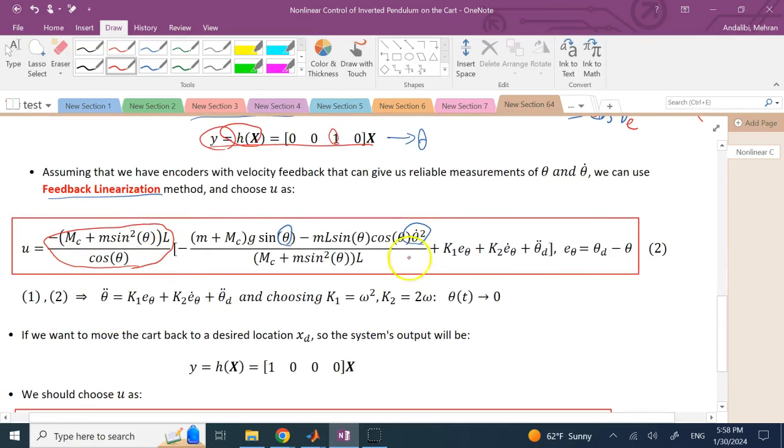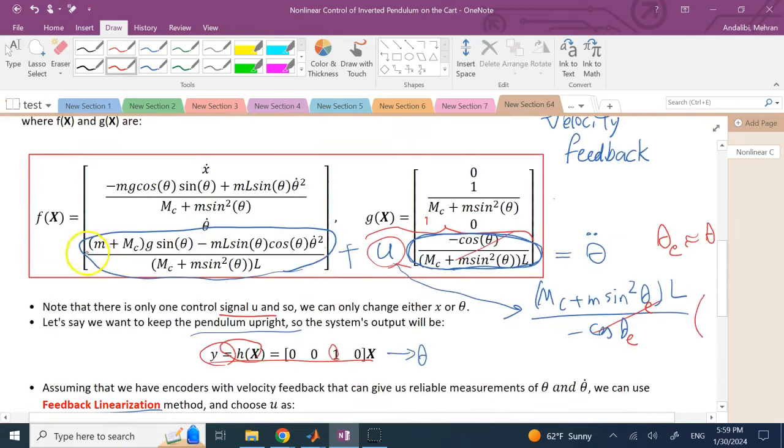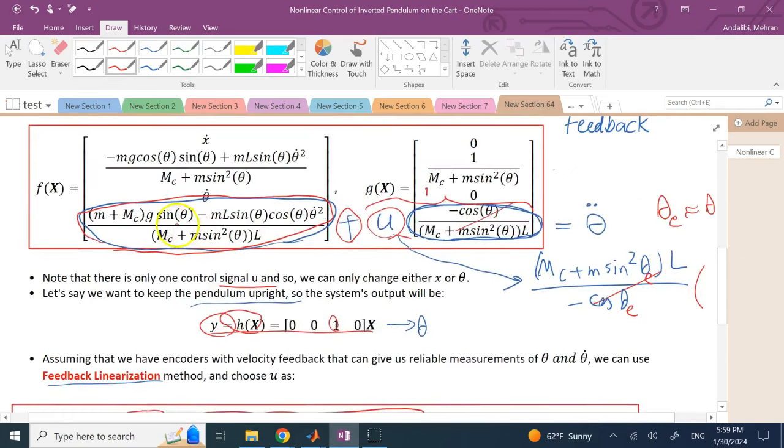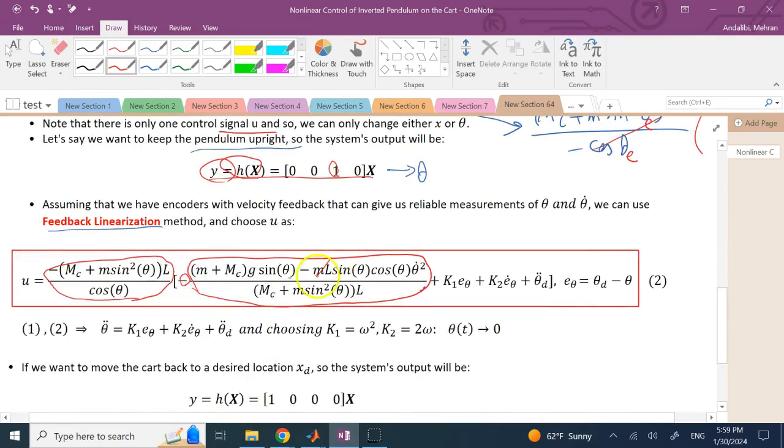This is multiplied by a bracket. What goes in the bracket? The first term in the bracket, which is this guy, is exactly the negative of this one here in the F. So now, since there is an addition, I want to add a subtraction. I add a negative. So when this term comes out with this term, they cancel each other.